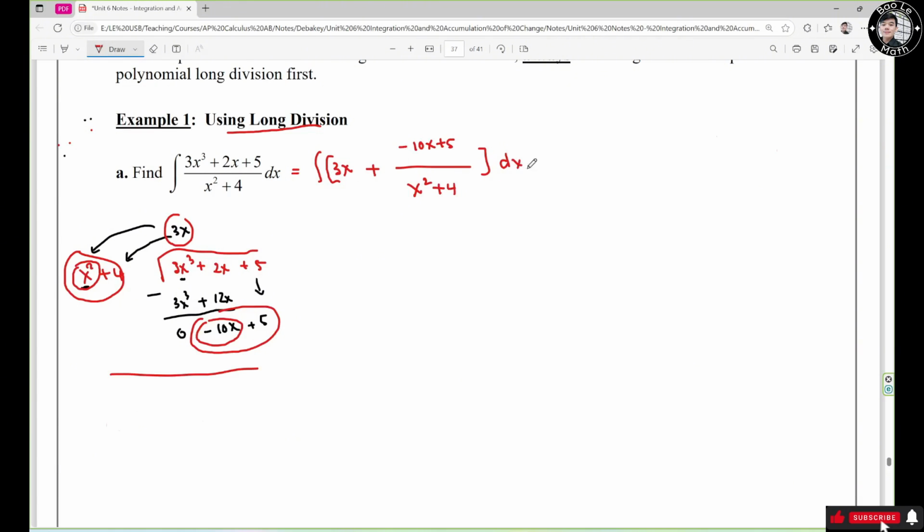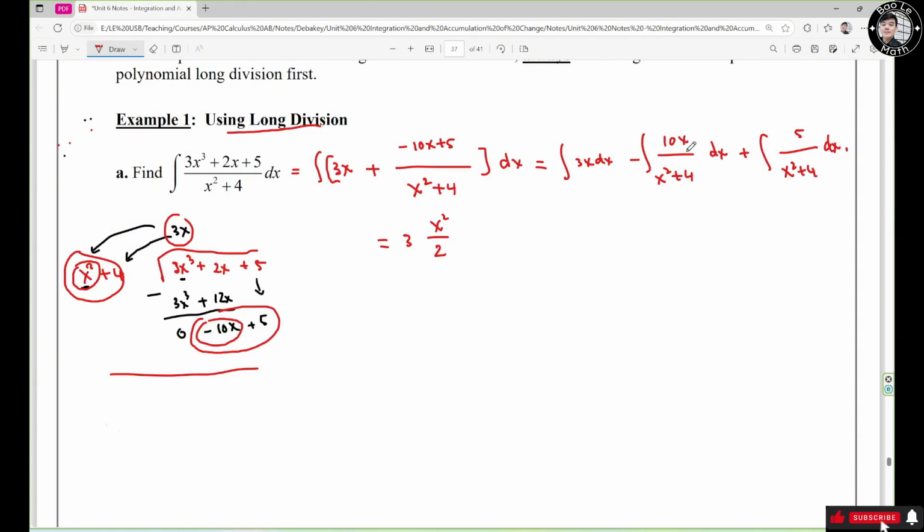Now I need to separate this integral. So it turns out to be the antiderivative of 3x dx, and then the antiderivative of negative 10x over x squared plus 4 dx, plus the antiderivative of 5 over x squared plus 4 dx. Now the antiderivative of 3x is going to be 3 times x squared over 2, because you use the power rule.